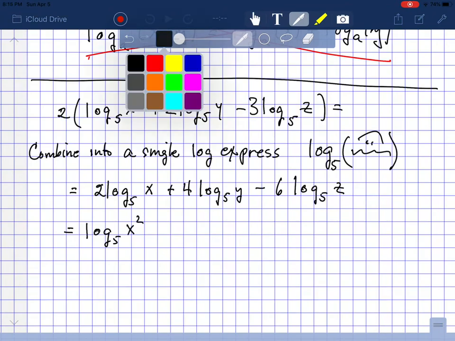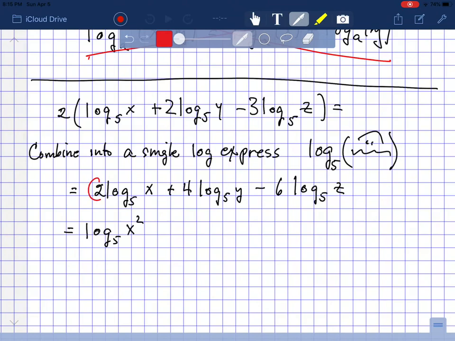And this in turn is equal to the log base 5 of x squared. So now what I'm doing is bringing this coefficient and making it an exponent on x. Just as I'm going to take this coefficient and make it an exponent on y, and this coefficient and make it an exponent on z.